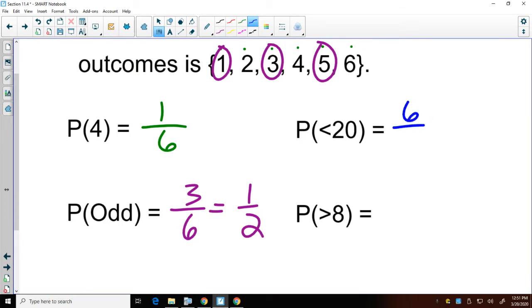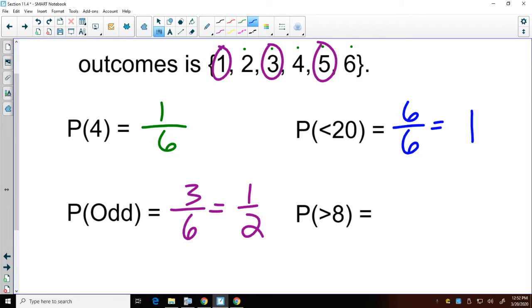I have 6 ways of rolling a number that is less than 20, out of how many choices? Again, I just said this a moment ago. There's only 6 outcomes. In the end, what they really want in My Math Lab is the number 1, because you have 100% probability of that coming true. Okay? Your probability of rolling a number less than 20 is 100%.